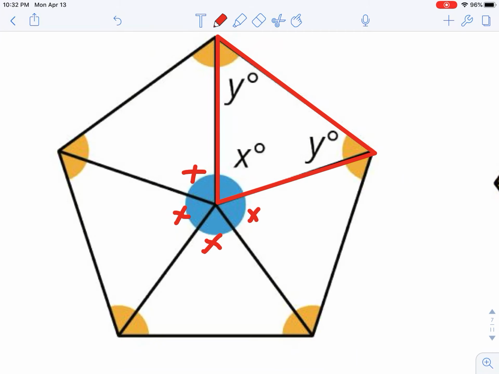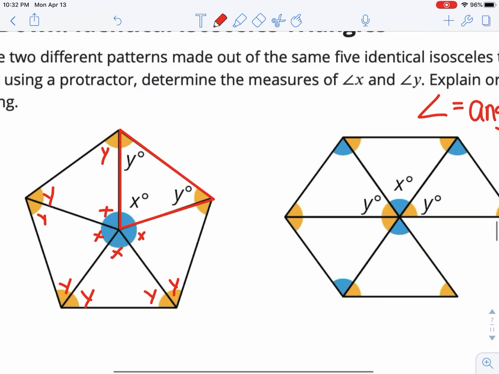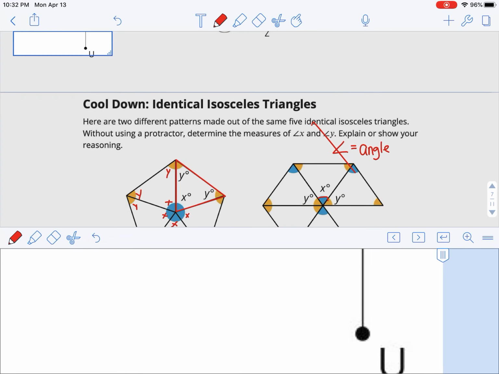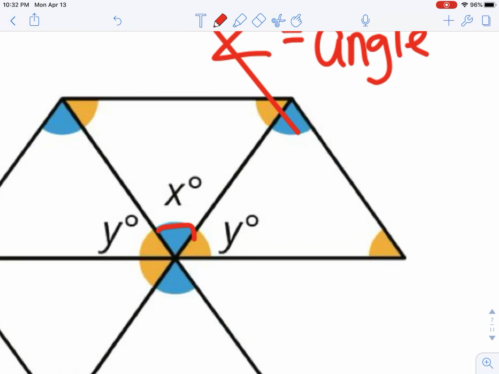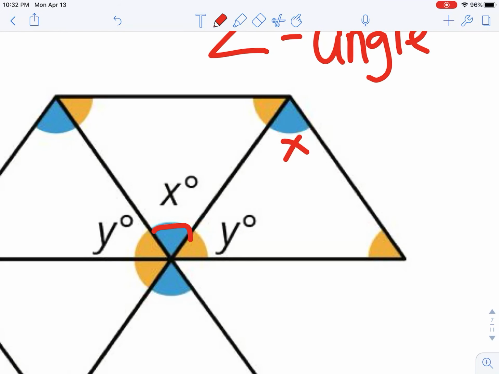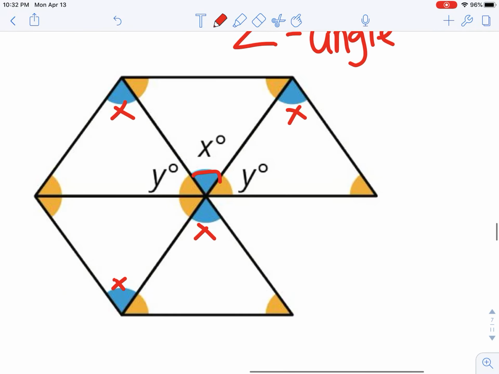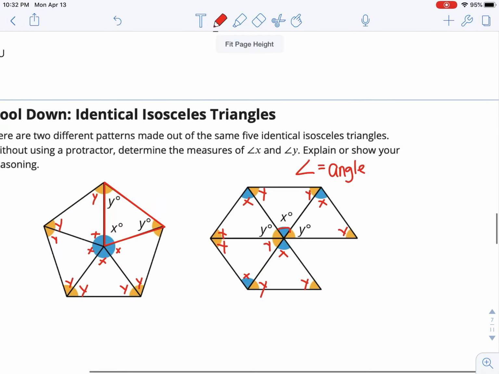We know the yellows mean Y. So Y, Y, Y, Y, Y, and Y, and so on. On the next side over here, it means the exact same thing. We know blue's X: X, X, X, and X. And the yellows again are Y's. I'll fill those in. Y, and another Y. So we need to figure out this triangle.